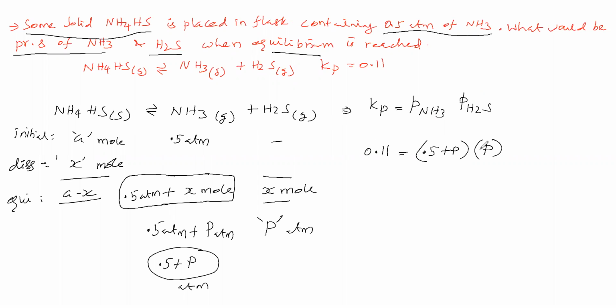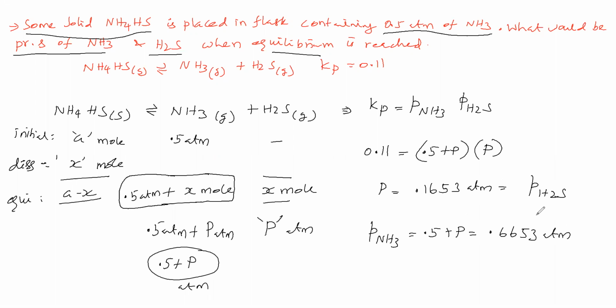The partial pressure of ammonia is 0.5 plus P, which is 0.6653 atmosphere, and the partial pressure of H2S is 0.1653 atmosphere.